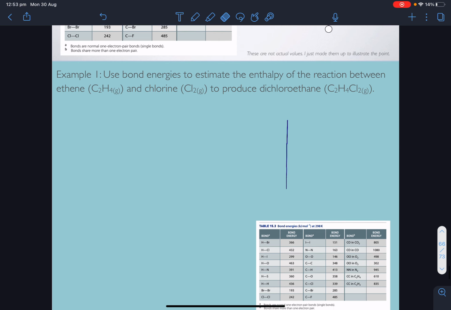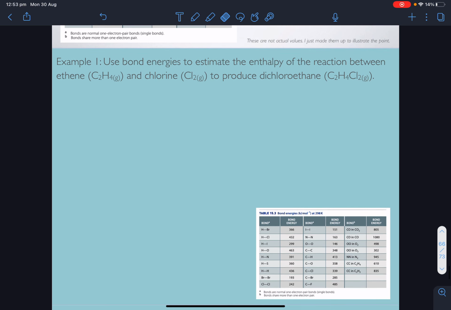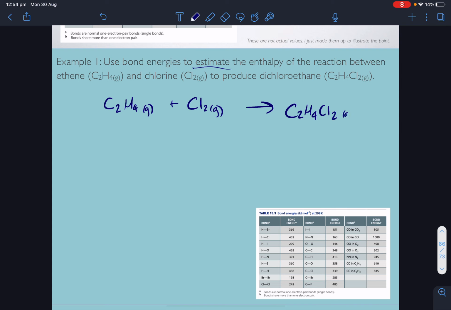Okay, let's do an example. Use bond energies to estimate the enthalpy of the reaction between ethene and chlorine to produce dichloroethane. So we're starting with ethene, C2H4, and we're adding chlorine, and we're ending up with dichloroethane, which is C2H4Cl2 gas.